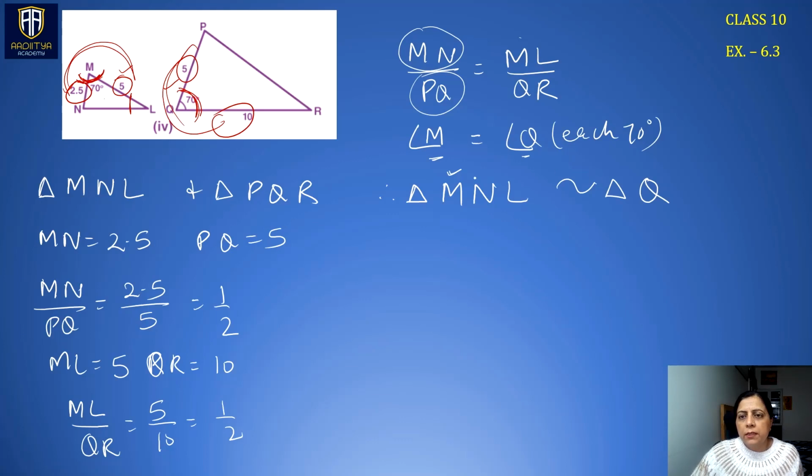We have seen that M is equivalent to Q. If M is equivalent to Q, then N is equivalent to P. So at the place of N, in the middle, write P here, and R automatically goes there. Right? So triangle MNL is similar to triangle QPR, and this is called SAS similarity because we have used ratios of two sides and the included angle.